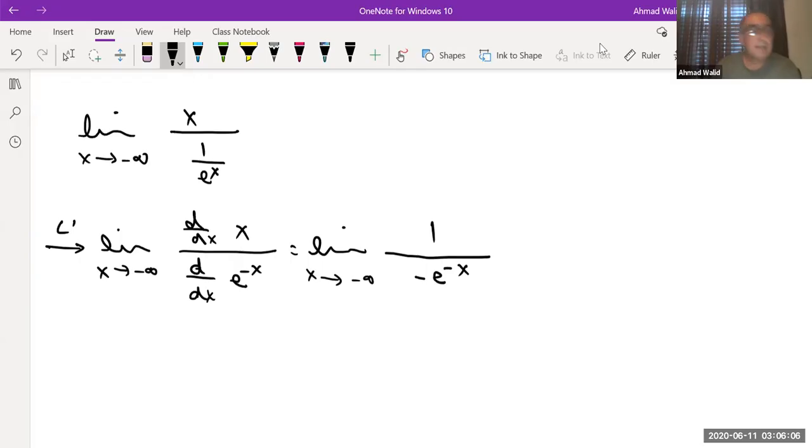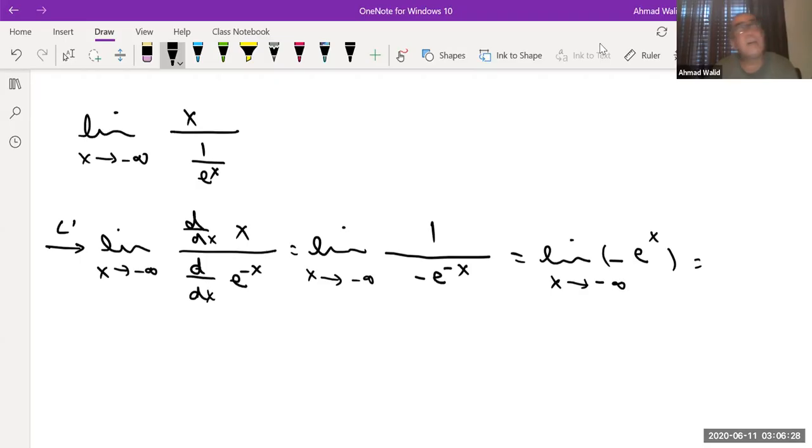Correct? Let's simplify a little bit. Let's move this up. Then you can write limit of 1 over -e to the -x. If it goes to the numerator, it gives you e to the +x as x approaches where? To -infinity.